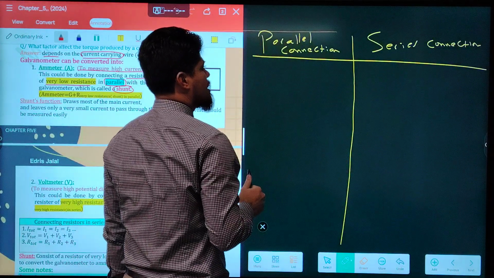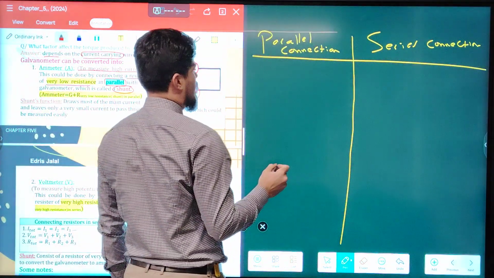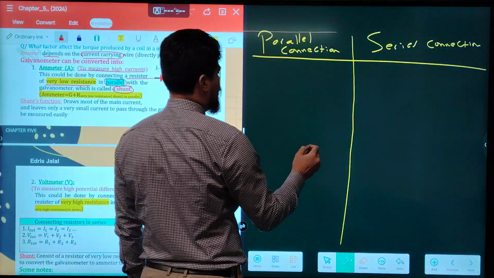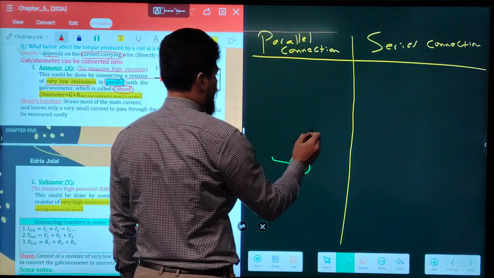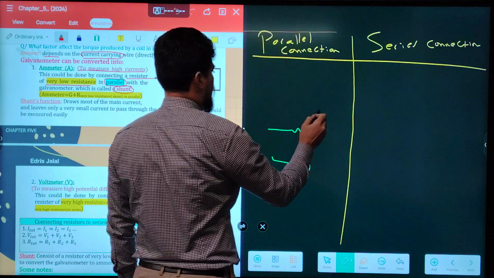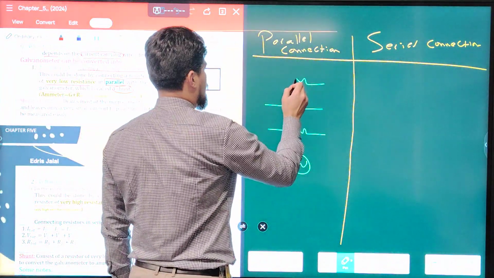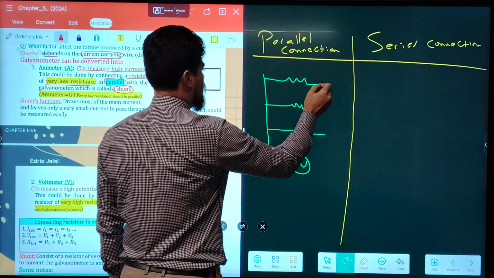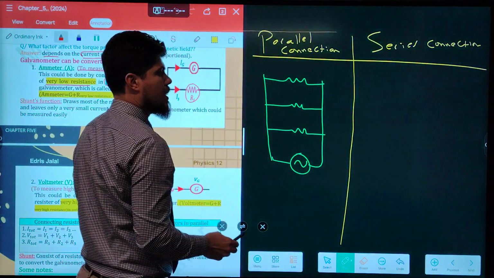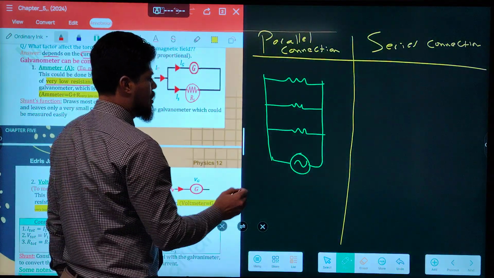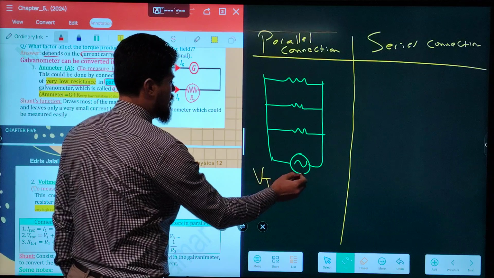In parallel connection, for example, if we have three resistors connected in parallel, this is the source. Three resistors: 1, 2, 3. This connection is a parallel connection. In parallel connection, the potential differences are equal.